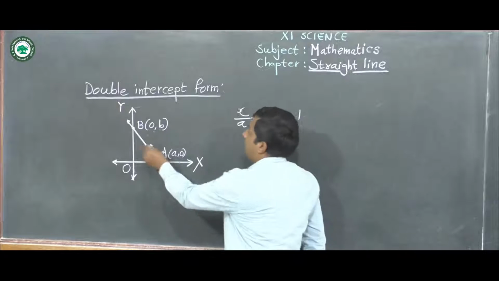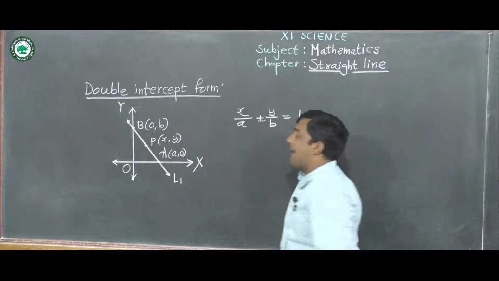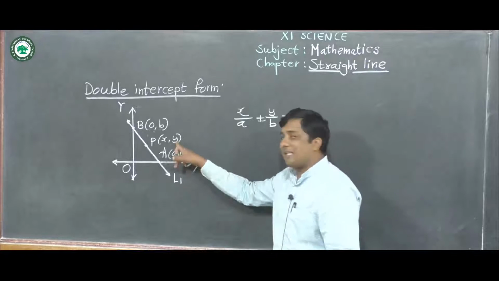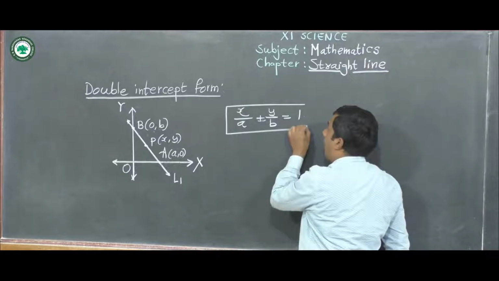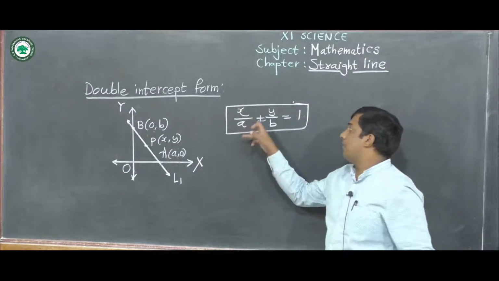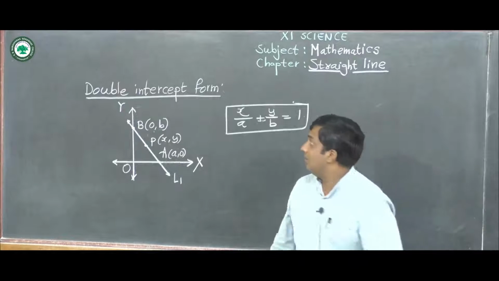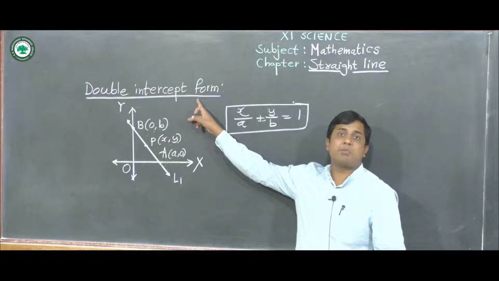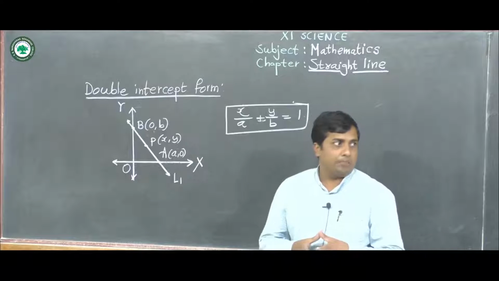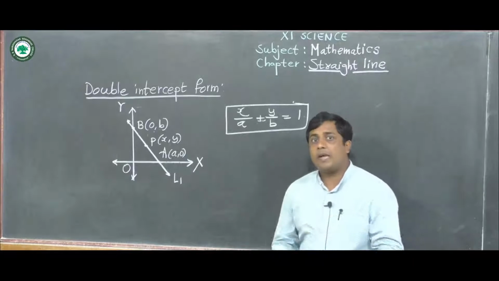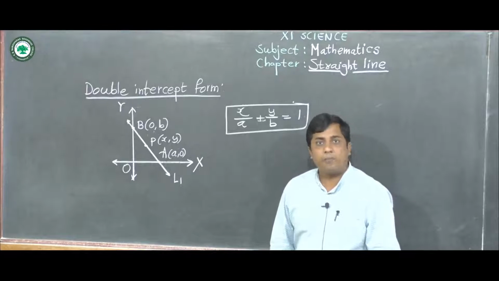Remember, we consider a point P with coordinates x and y, and using these x and y we define this form, x upon a plus y upon b is equal to 1, and this is called the double intercept form. So in today's lecture we are going to see some important examples related to this double intercept form.